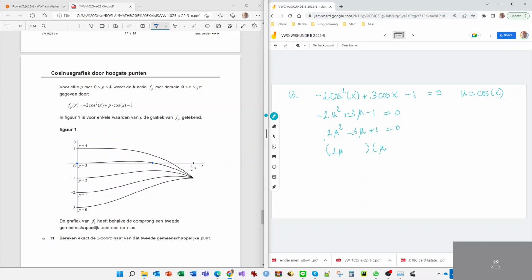There's actually a systematic way to do this as well, but trial and error, or you can put it in a graphic calculator. Let's put a minus 1 here, so I get minus 2u, and a minus 1 here, and I have it. So u is 1/2, or u is 1.